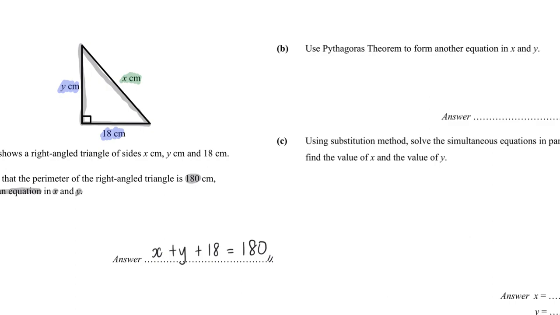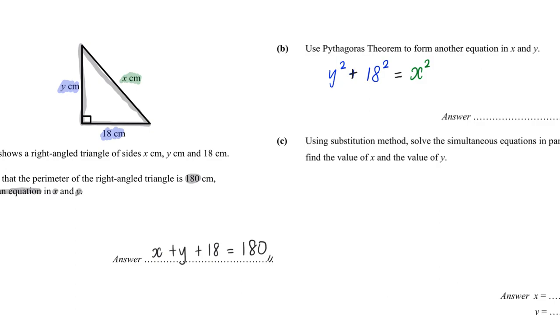Okay, so this means that y square plus 18 square is equal to my x square. And we are done. And we have successfully formed this equation.